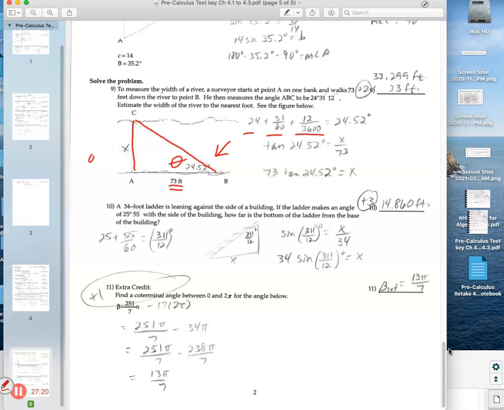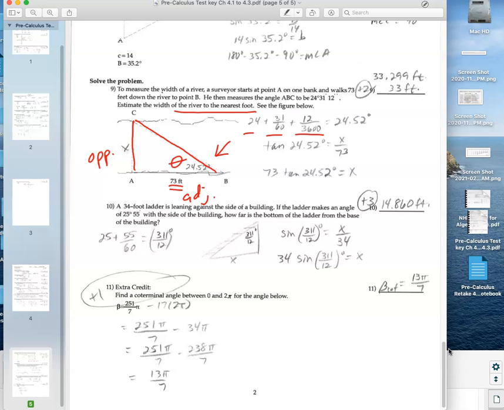This is our theta, and this is opposite, and this is adjacent. And the trig function, when you think SOHCAHTOA, that uses that, is tangent. So the tangent of 24.52 degrees equals x over 73. Multiply both sides by 73, and you've got it, except it said to the nearest foot. So you did have to do a little rounding there at the end.